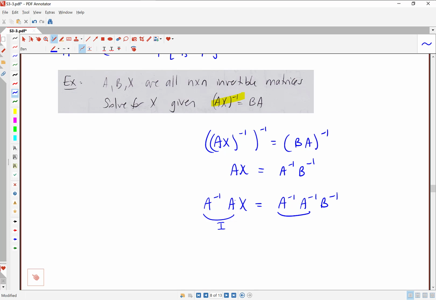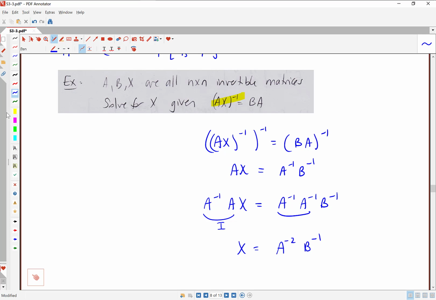And the identity matrix times any matrix just gives us that original matrix. So we're getting X on the left side. On the right side, you could leave your answer as A inverse times B inverse, but it might look slightly better to call that A to the negative 2 B inverse. And there we have solved for X.